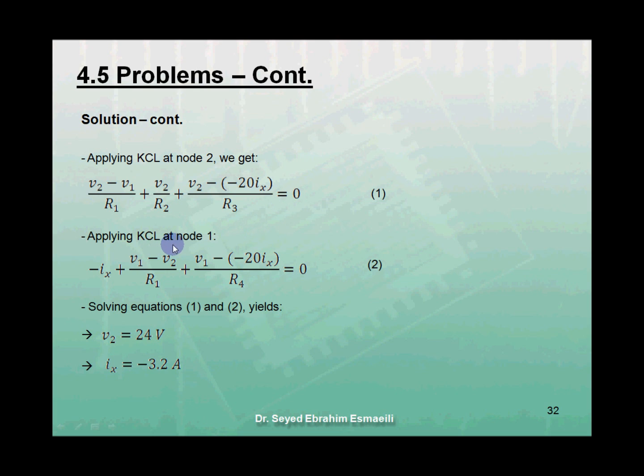Applying KCL at node 1 yields minus Ix plus (V1 minus V2) over R1 plus (V1 minus 20 Ix) over R4 equals 0. Solving these two equations, we get V2 equals 24 volts and Ix equals minus 3.2 amps.